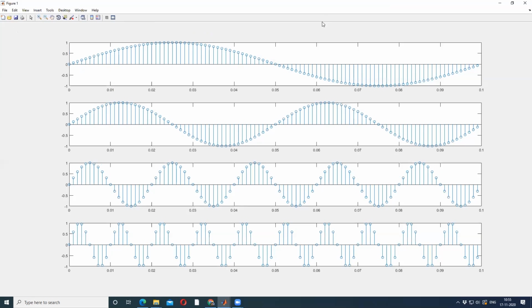You can see here, 1 cycle, 2 cycle, 5 cycles, 10 cycles. So this is for 1000 sampling frequency and taking only 1000 values.